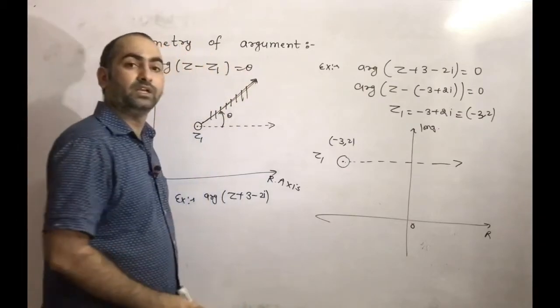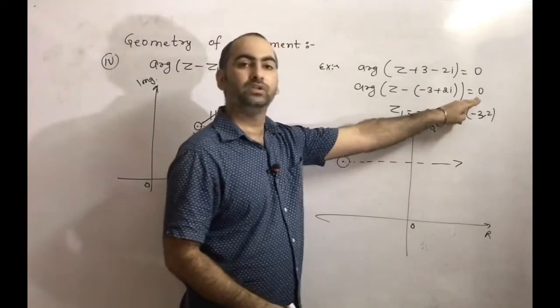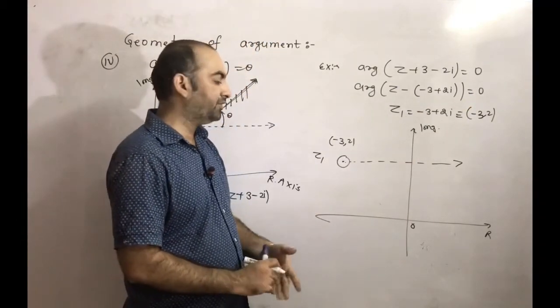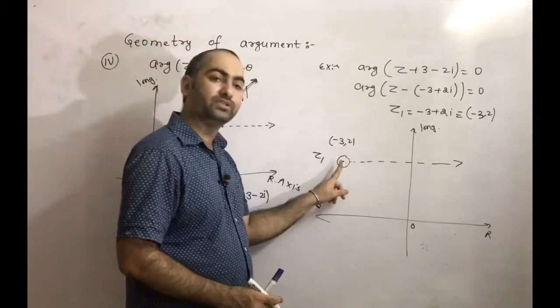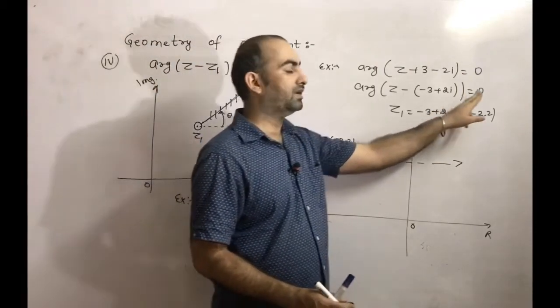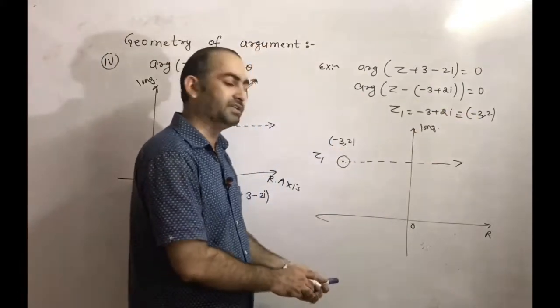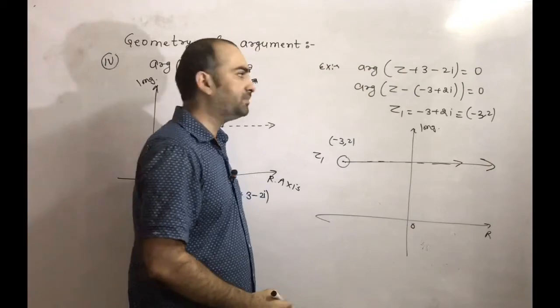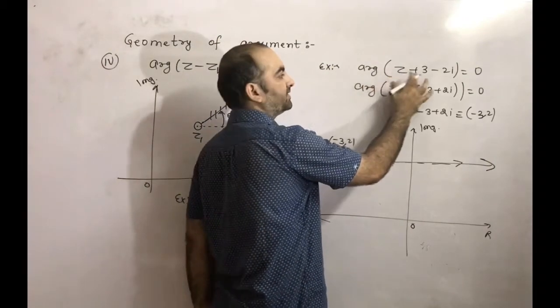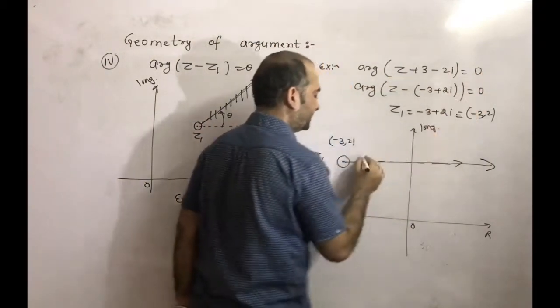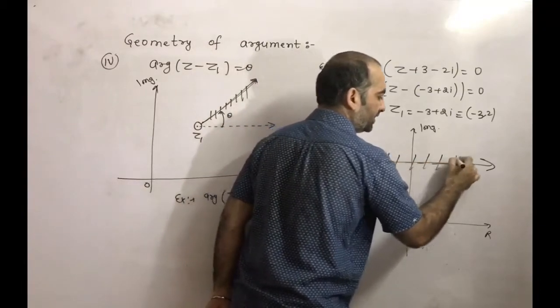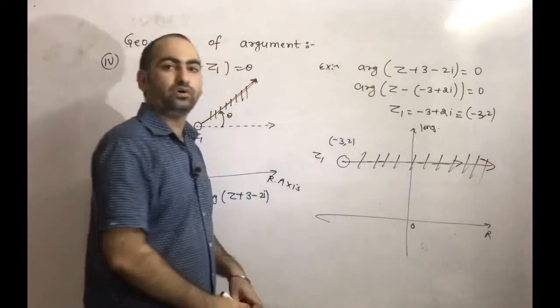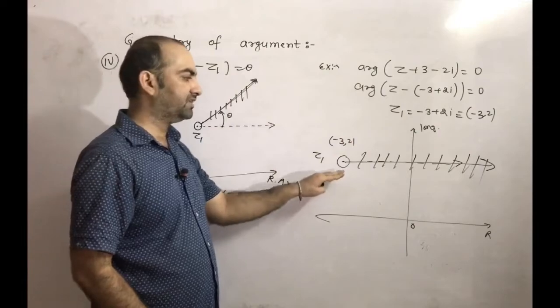Now here the argument is 0. That means we have to take a ray passing through z1 with the direction of angle 0 with the positive real axis. So the same line will come. That means the argument of z plus 3 minus 2i equal to 0 is this ray. So we can say the locus of this is this ray.